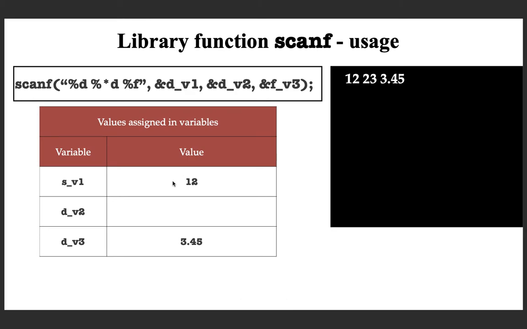You can see that first is taken into the first variable, second is not taken, it is ignored. So this is actually a suppression character. The user will get a feel that I have given 3, but the programmer needs only 2. So without the knowledge of the user, you can suppress it. That is by using a star in between. You just practice it in the lab, then it will be clear to you.